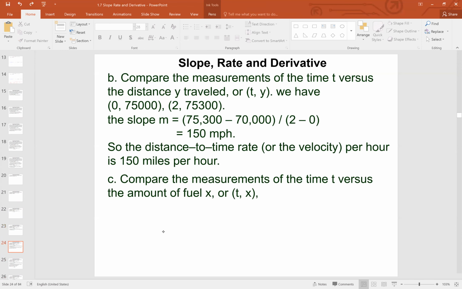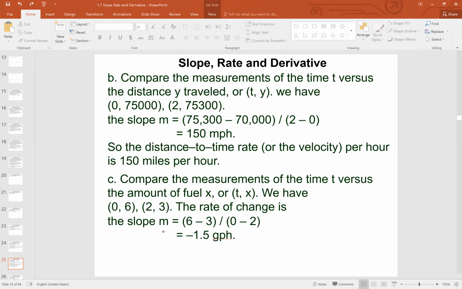And we can compare time to x, the gasoline gauge. It goes from 6 to 3 in 2 hours, so it takes away 1.5 gallons of fuel consumption per hour.